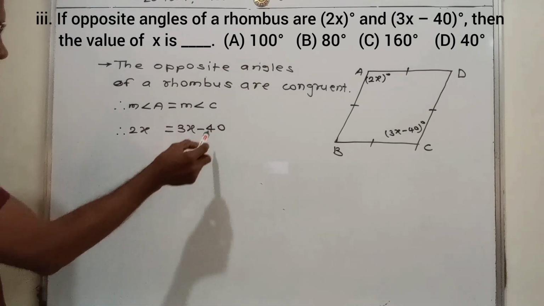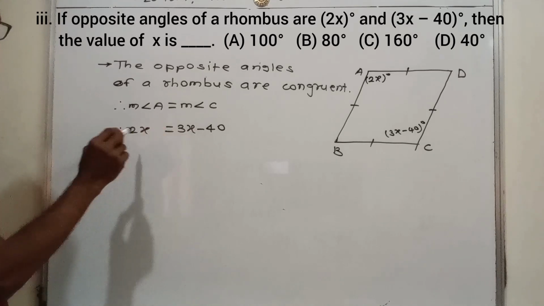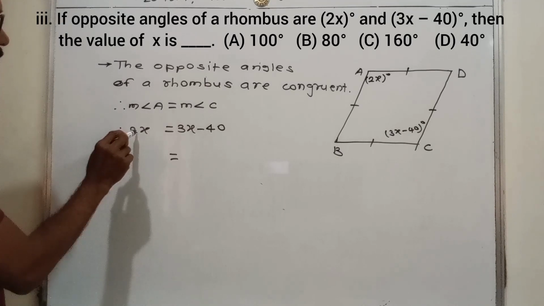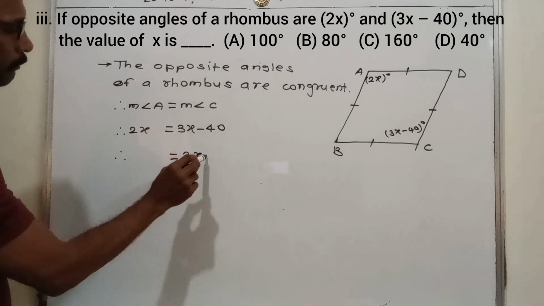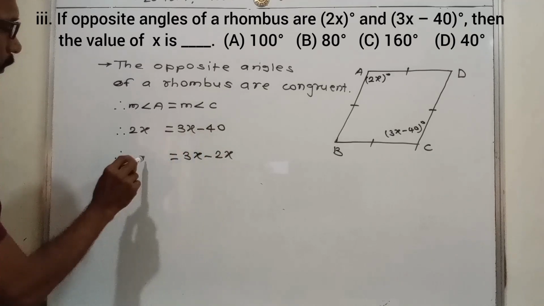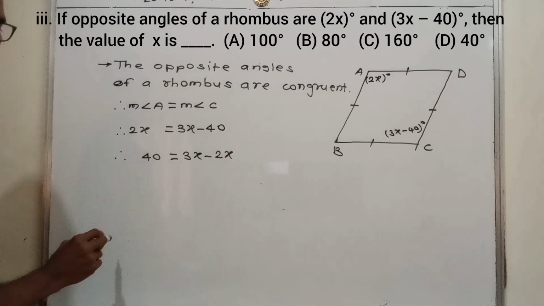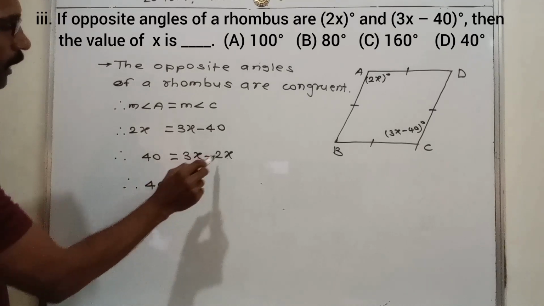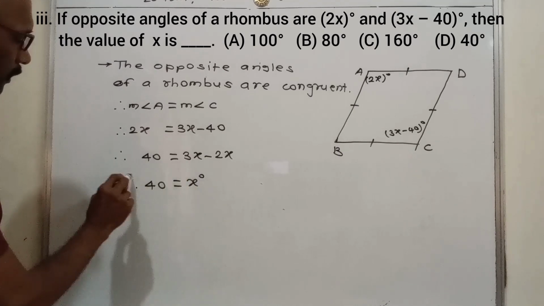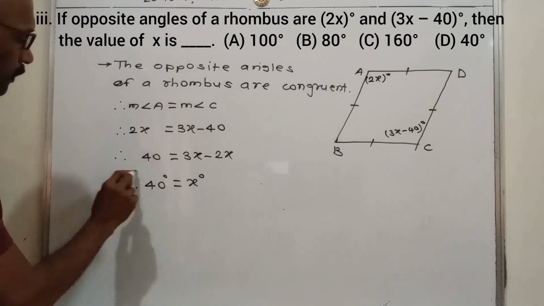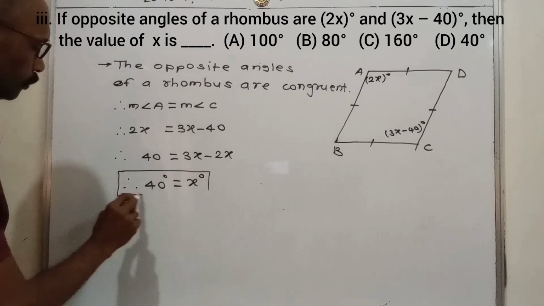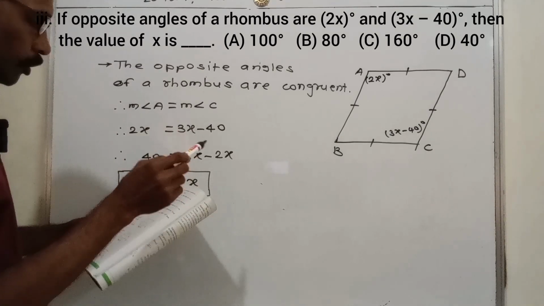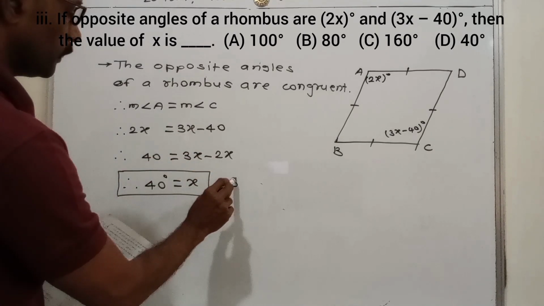Now, we want the variable positive. Therefore, I have told you many times, take smaller near bigger and take this constant number left. Therefore, 40 is equal to 3x minus 2x. Therefore, x is equal to 40 degree. This is our option D.